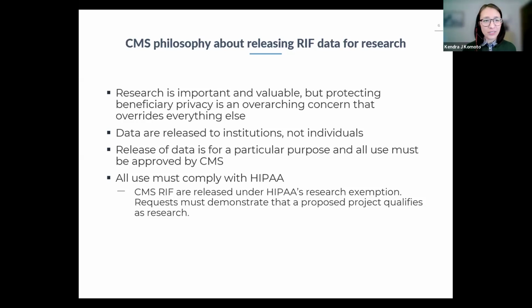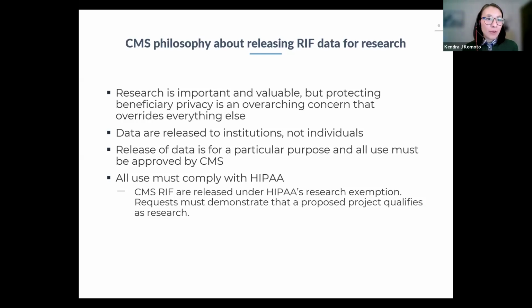CMS has defined research as creation of generalizable knowledge. So when we're reviewing a request, we're thinking about what CMS considers research and what's considered generalizable knowledge. Maybe you have data for a specific program or a specific clinic. Just focusing on that's not enough. There has to be an extension beyond that specific group.